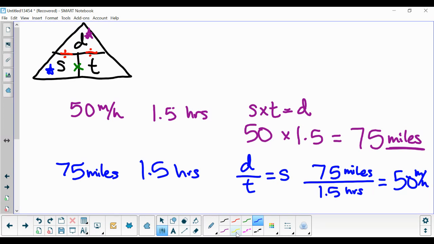Our last example for this one is, let's say I go, oh, yellow's a bad color, you guys. We're not going to use yellow. Let's say I go 75 miles at 50 miles an hour. I'm given my speed and my distance, so I'm solving for time.